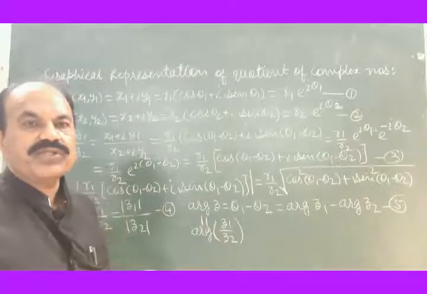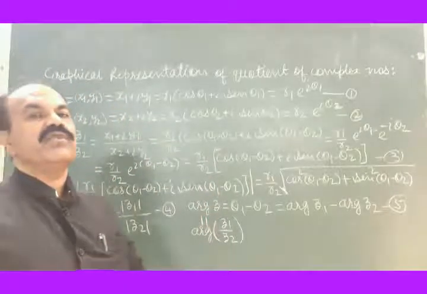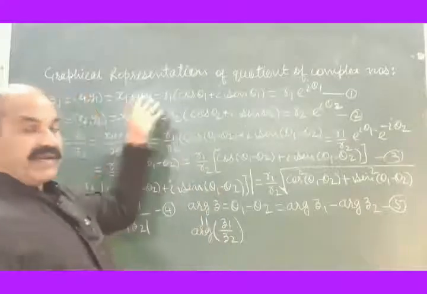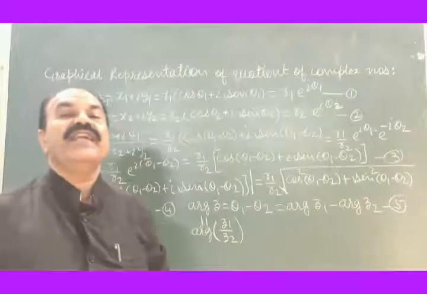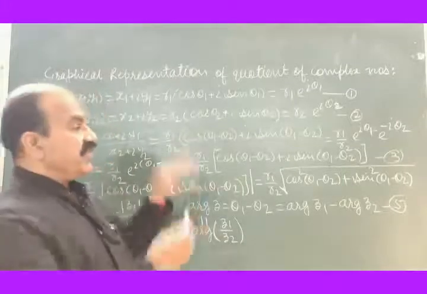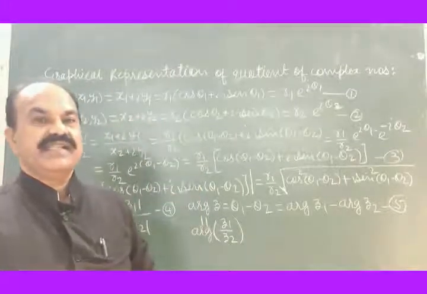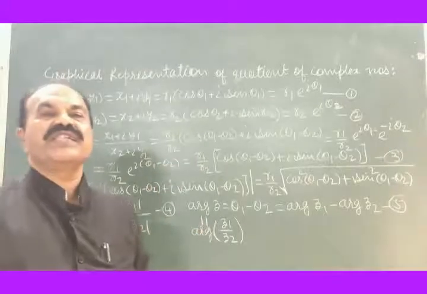This is about the quotient or division of two complex numbers. Our article is not completed because our article is about the graphical representation of the quotient. We understood here the quotient. Now we have to represent this quotient graphically.